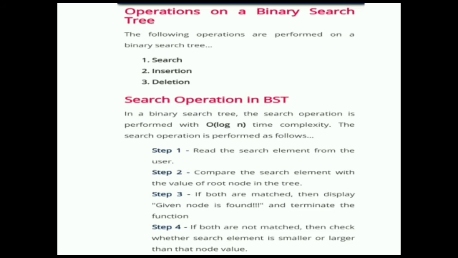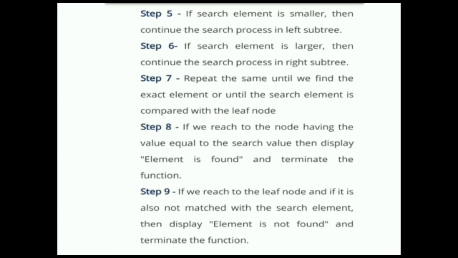If the element is smaller, then it is placed in the left subtree. Otherwise, if it is larger, then it is placed in the right subtree. Repeat the same process until you reach the leaf node. If you find the leaf node, then the element is found and terminate the function. If you do not get a leaf node, then the element is not found and terminate the function.